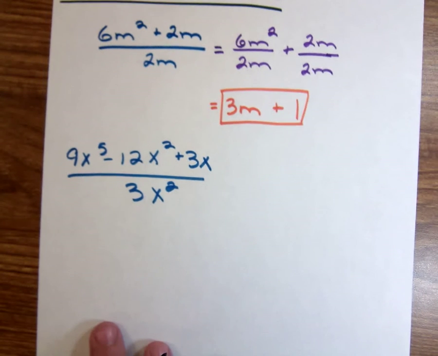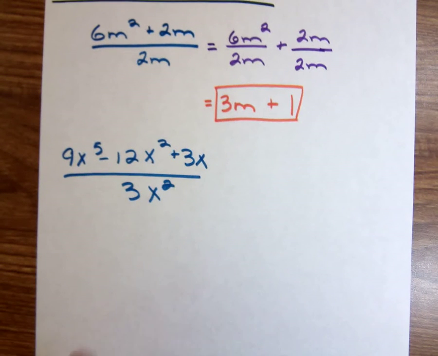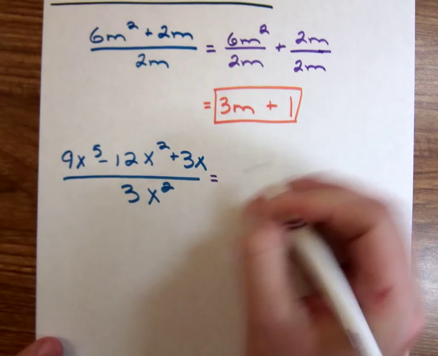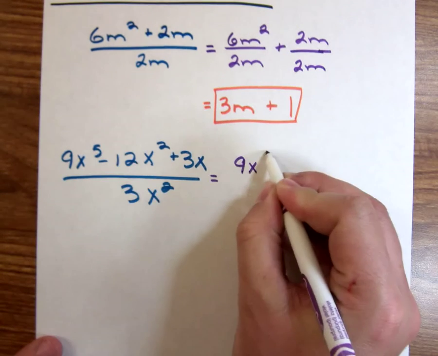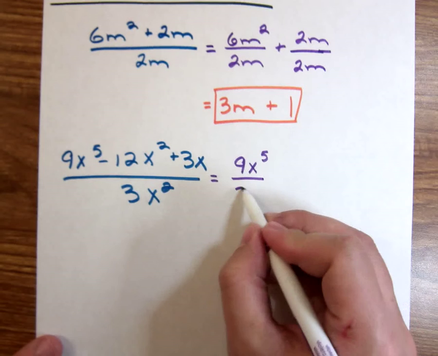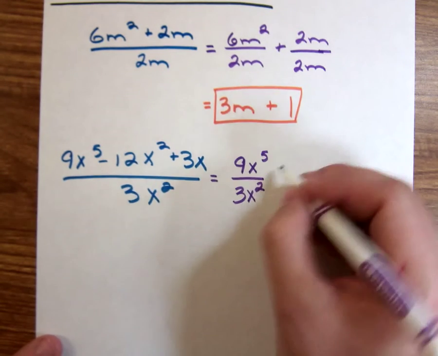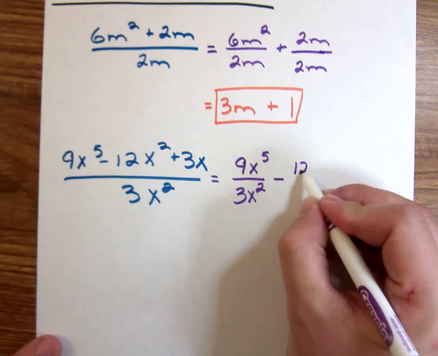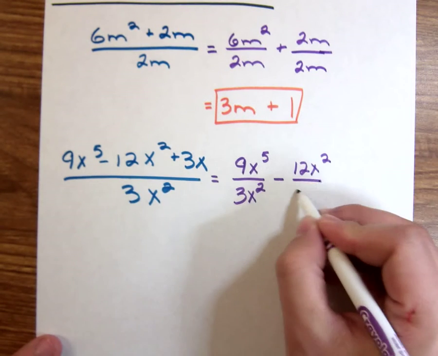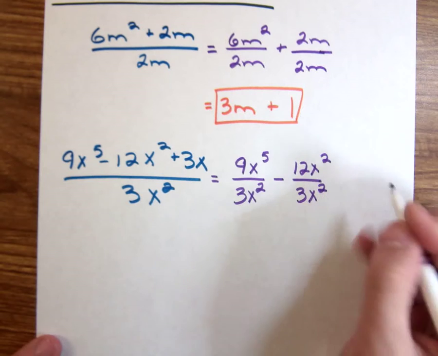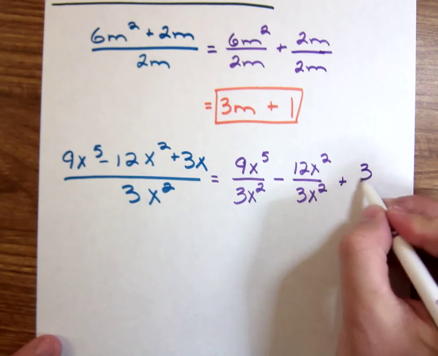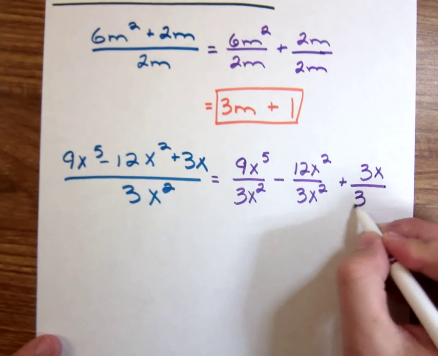Okay, here's another one. This is a trinomial divided by a monomial. Same idea. You split it apart. 9x to the 5th over 3x squared, minus 12x squared over 3x squared, plus 3x over 3x squared.